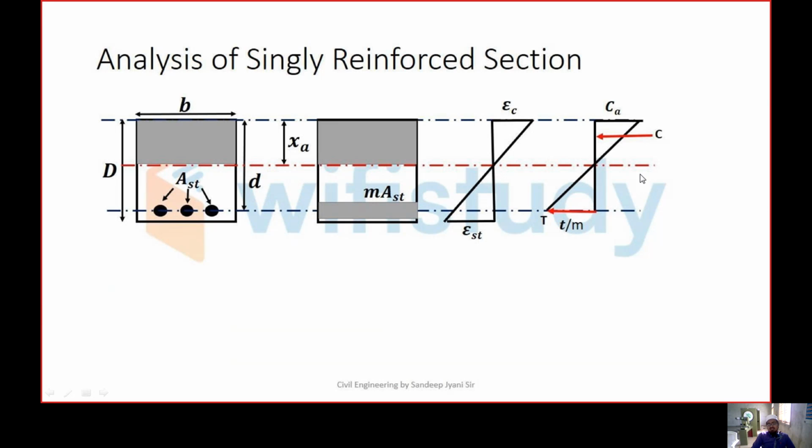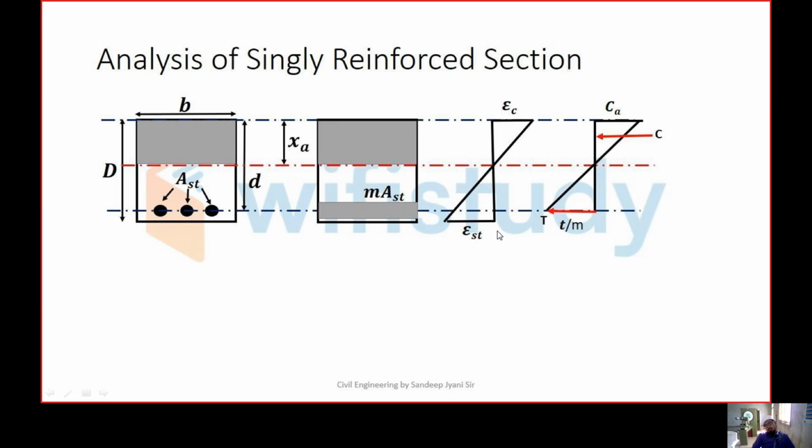Coming to the stress diagram, the tensile stresses will be carried by steel only. That's why along the line of the center of gravity of the steel we can observe the maximum tensile stresses, not in the bottommost fiber of the concrete.